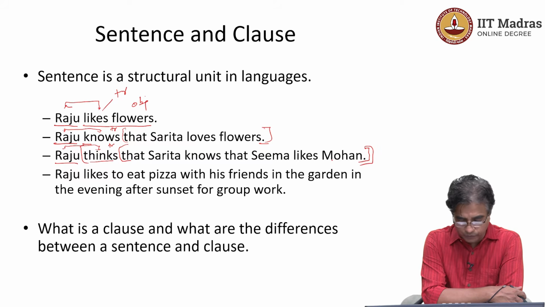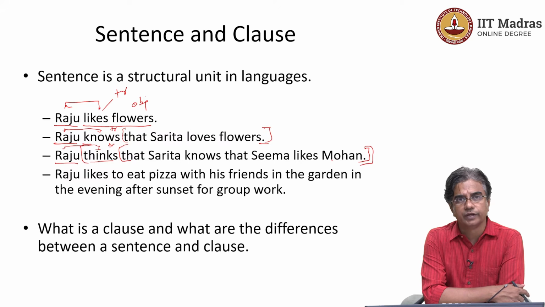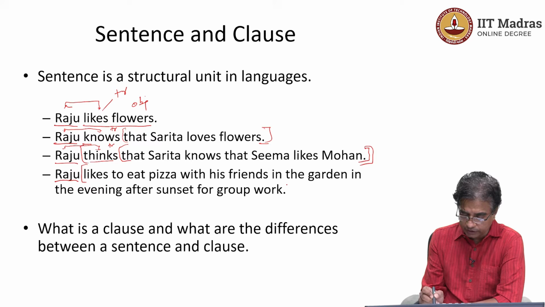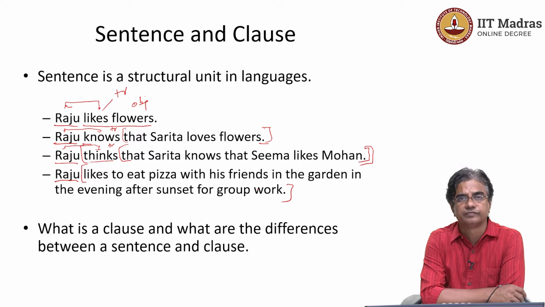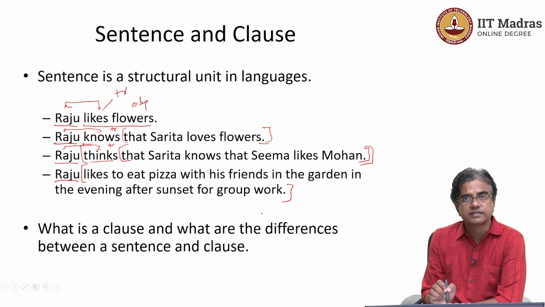Now let's look at the last one, and then we talk about the similarities and differences between these sentences. What's happening in the last one? Again, this is the subject, Raju, and then the whole thing, likes to eat pizza with his friends in the garden in the evening after sunset for group work, is the predicate.